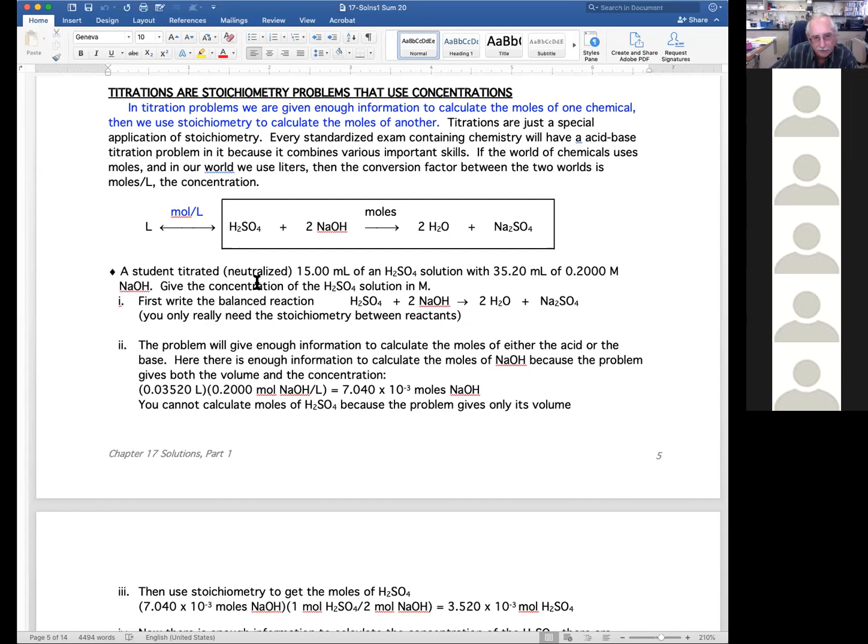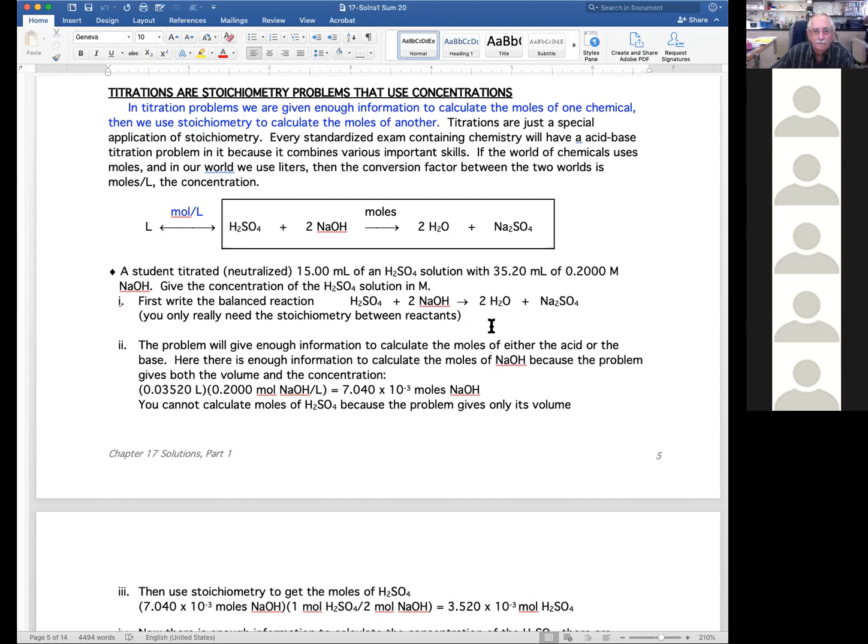So a student titrated, or neutralized, 15 milliliters of sulfuric acid solution with 35 milliliters of a 0.2 moles per liter sodium hydroxide solution. Give the concentration of sulfuric acid in moles per liter. So we need the balanced reaction.